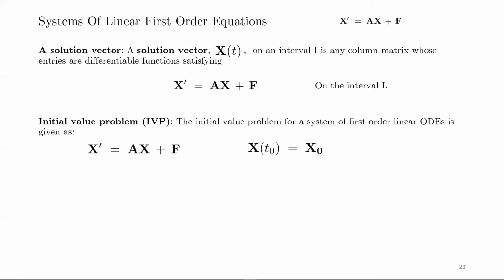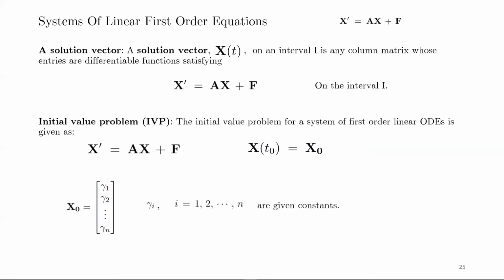So for systems of linear equations, the initial condition is going to be a vector of initial conditions. So at time t equals t0, the solution vector x is equal to some vector x naught. Okay, and that vector x naught is a vector of constants. So these are our n initial conditions here. So if we have n equations, we must have n initial conditions.